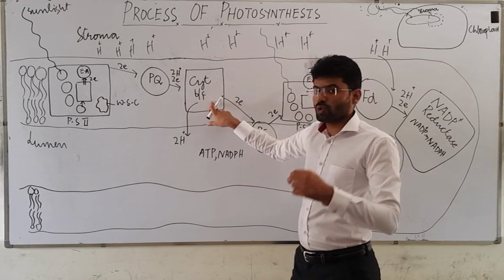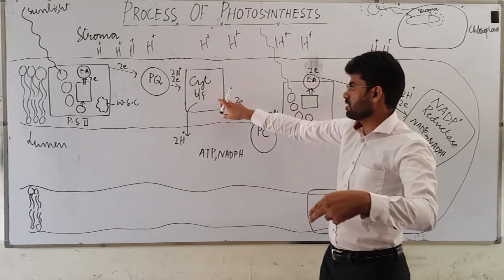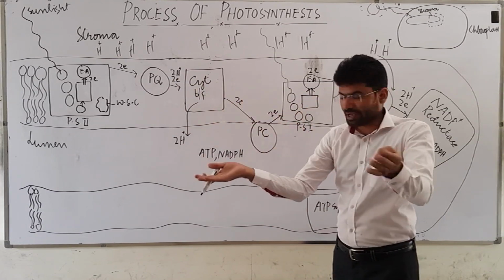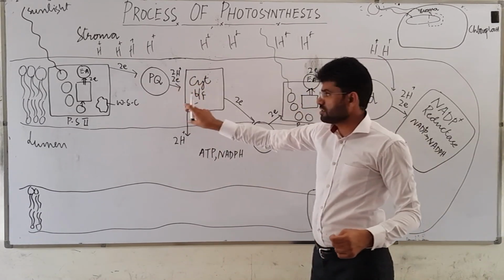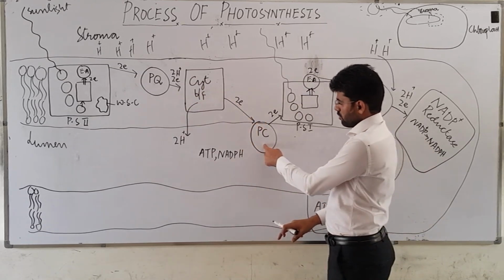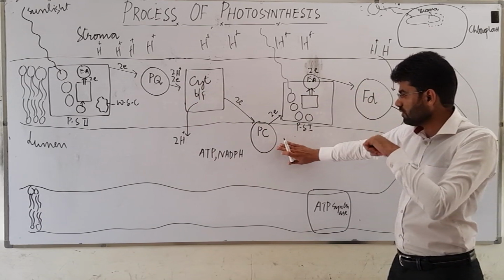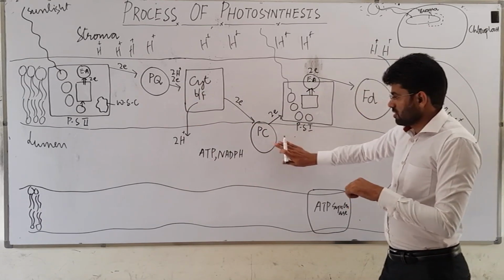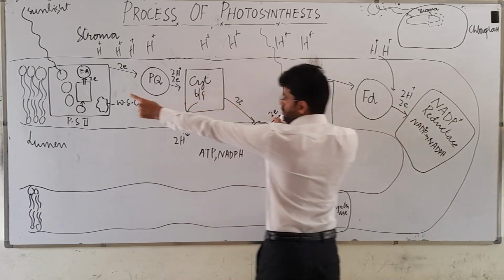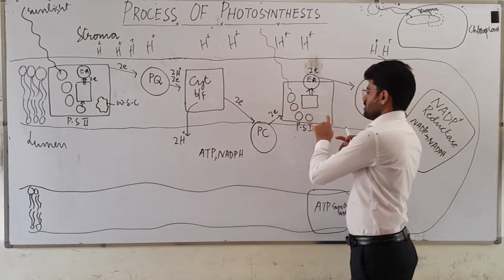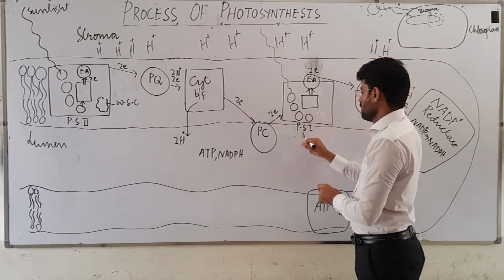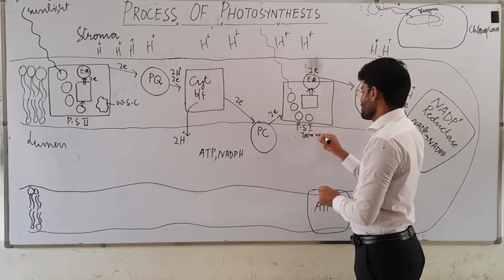So generally the two hydrogen atoms are given to this cytochrome b6f complex. Now this will separate the protons and electrons. The two electrons will be given to another electron carrier molecule called plastocyanin.